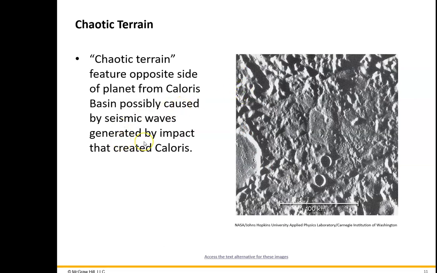All right, so yeah. It's still speculated that this weird terrain or chaotic terrain on the opposite side is not a coincidence, that it's opposite Caloris Basin. So people have speculated that this was caused by that impact.